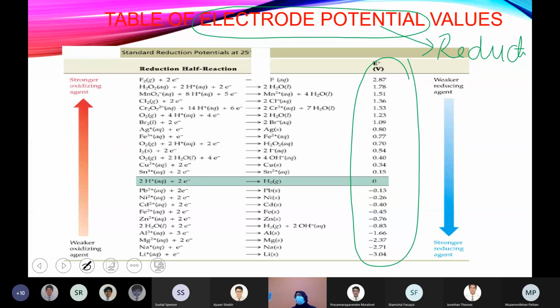Some of them have positive values, so they have a tendency to easily undergo reduction. If the reduction potential is negative, they have less tendency to undergo reduction, which means they have more tendency to undergo oxidation, right? So that's generally the meaning.